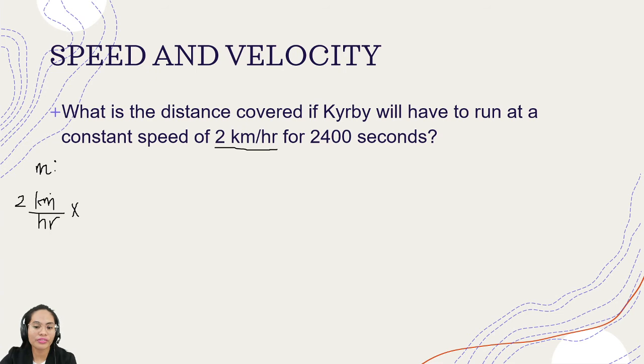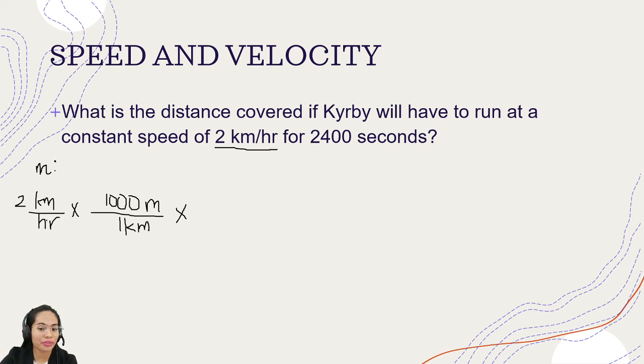Ang unang i-convert natin is the kilometer. So anong conversion factor ng kilometer again? The conversion factor is in every 1,000 meters, sabi natin kanina, there is 1 kilometer. Okay, tama?